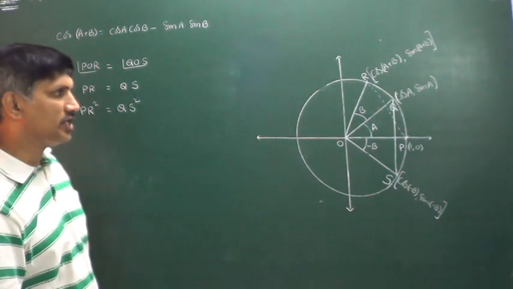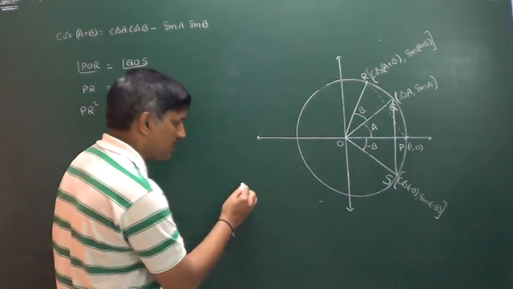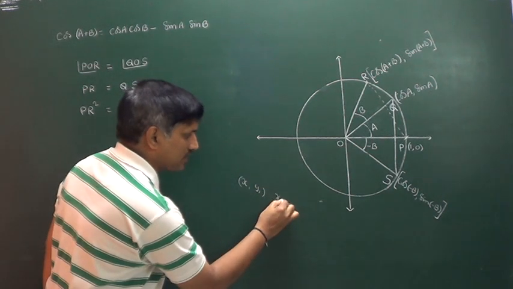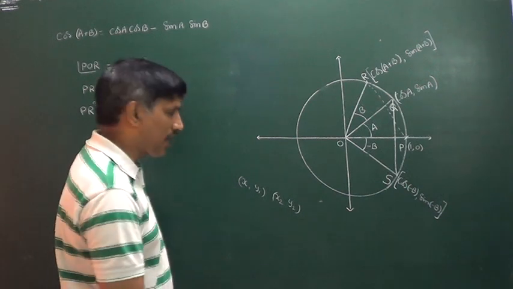Can you tell me what is the distance between P and R? You know the distance between 2 points. One point is (x1, y1), the other point is (x2, y2). How to find the distance between these 2 points?